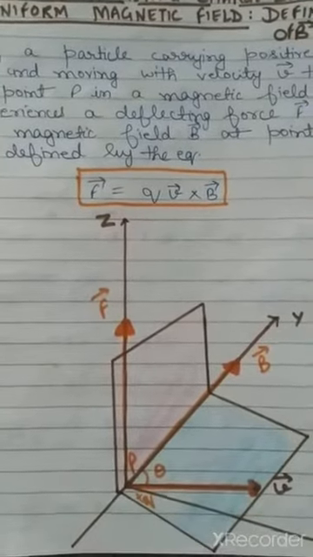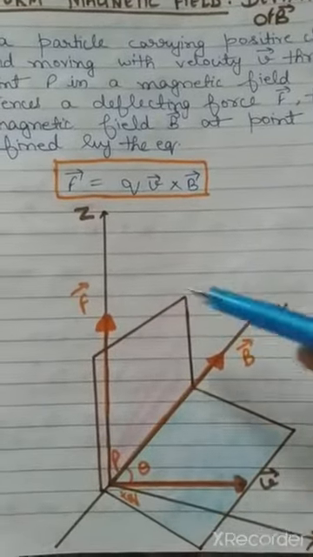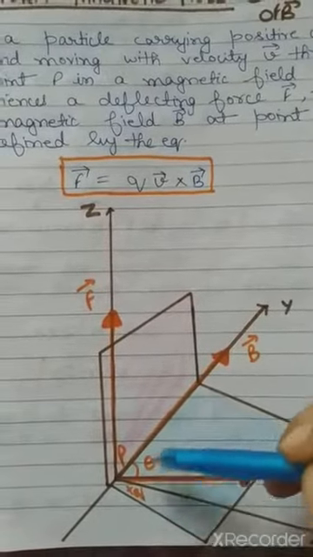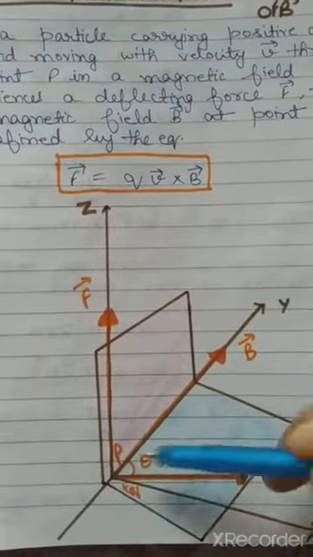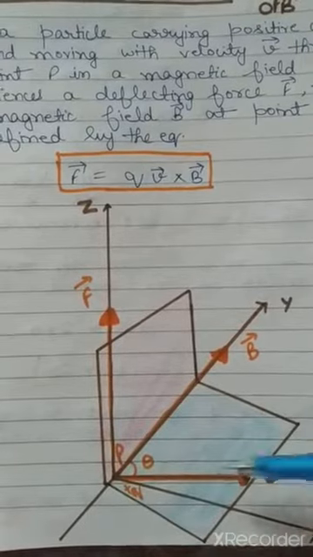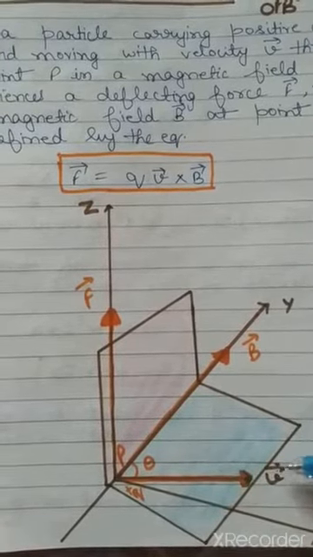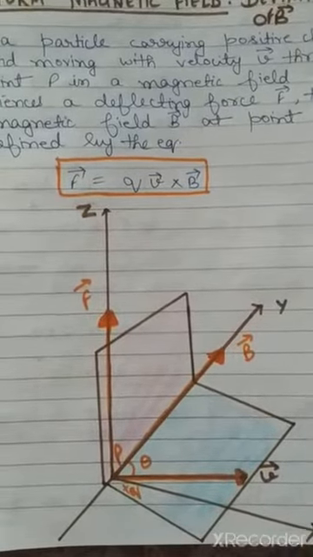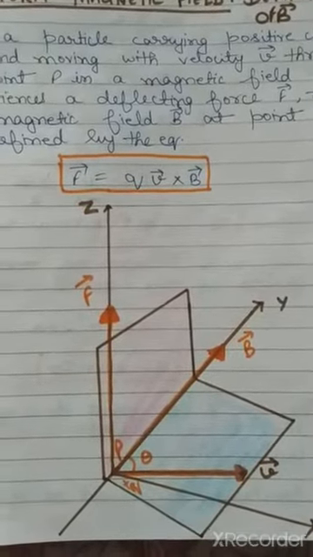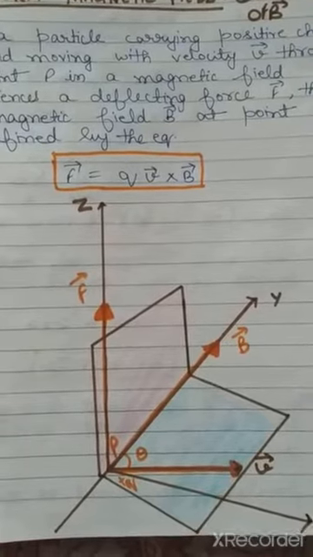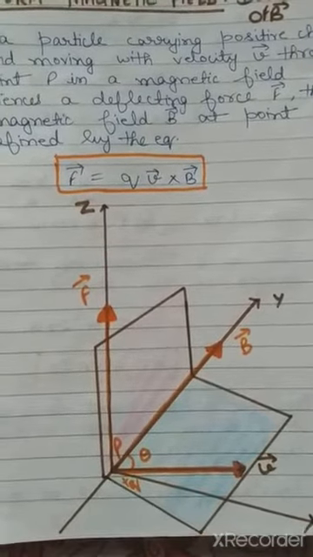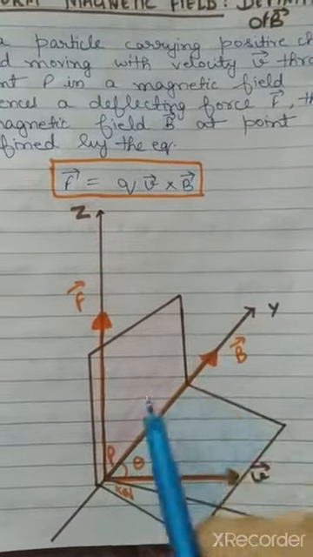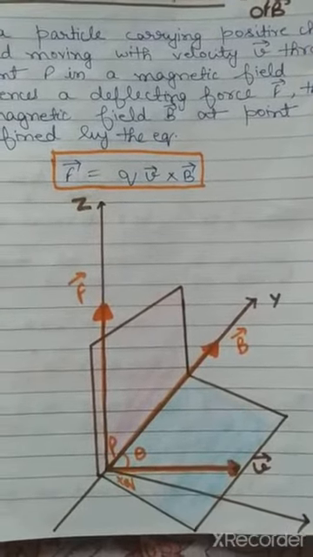In this plane, you can see the magnetic field is in the y direction and the charge is moving in this direction, which is the x-axis, and V and B are making an angle theta with each other. So in that case the force experienced by the particle will be in the z direction.